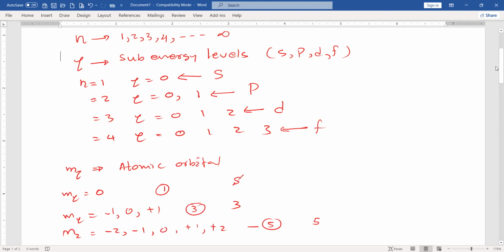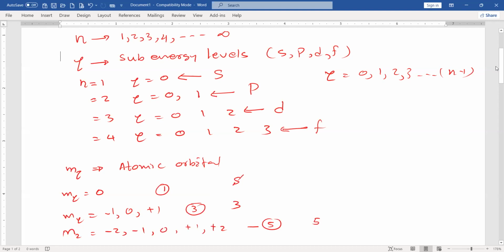L can take 0, 0 and 1, 0, 1, 2, 0, 1, 2, 3, depending on the n value. That means L can take 0, 1, 2, 3, up to n minus 1. If n equals 1, 1 minus 1 will be 0.